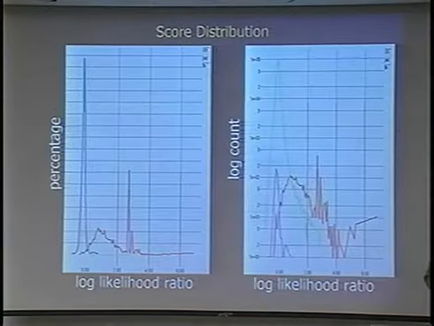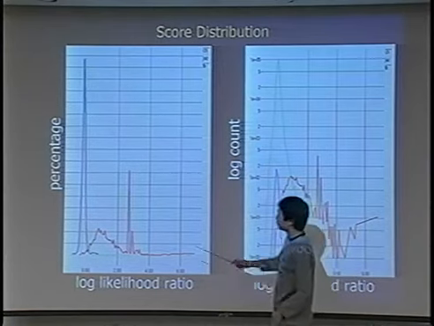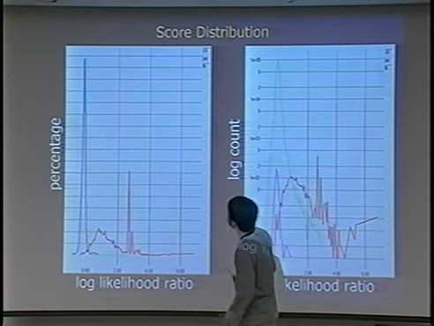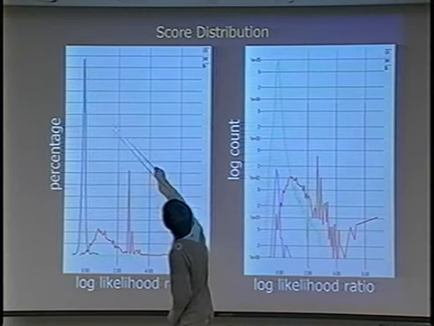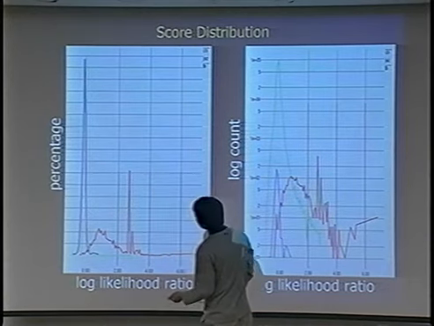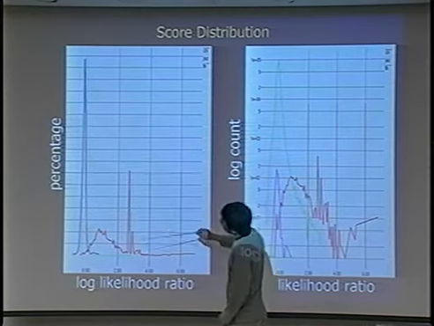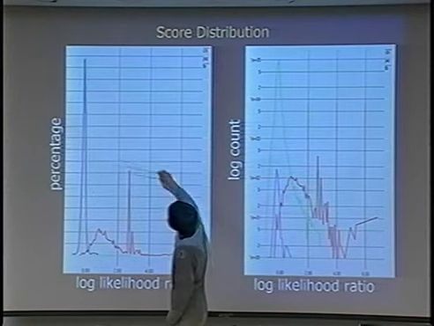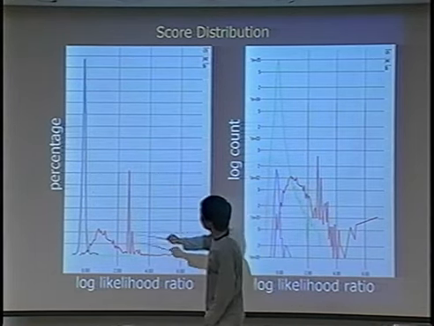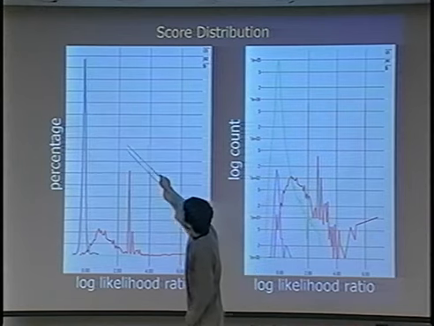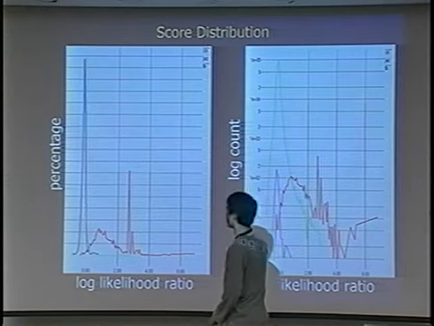And here is the score distribution. The red line is the CallHome distribution, the blue line is Treebank, and the green is Al Jazeera. On this graph, the vertical axis is percentage. So you can see CallHome and Treebank have very different distributions.